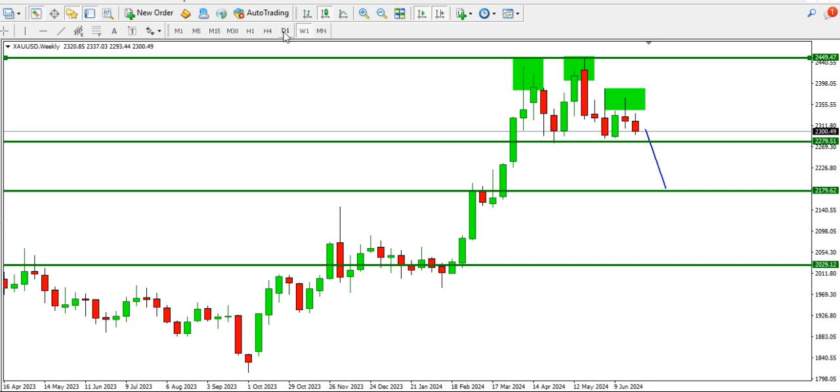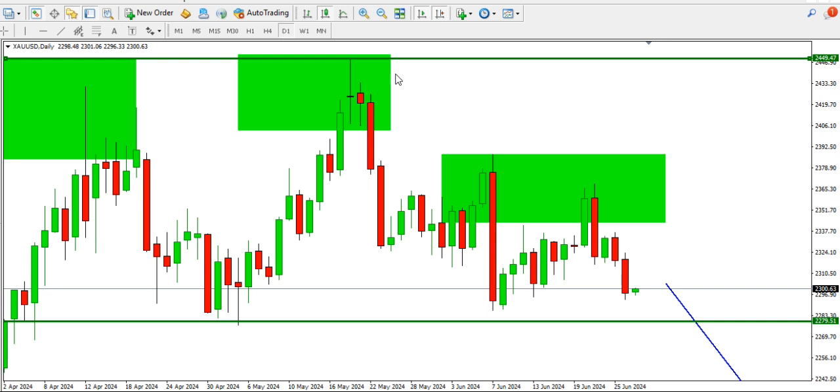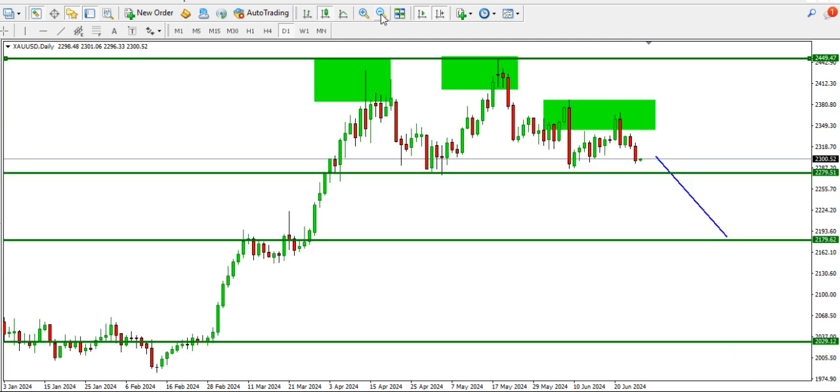Let's quickly move to the daily time frame. We've discussed the price analysis on the daily time frame, and we've identified the fact that we have a head and shoulders pattern forming on the daily time frame, and we know that the next order block where buyers are stationed is around 2179 on the daily time frame.